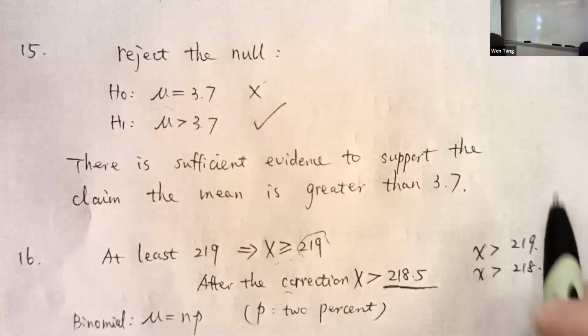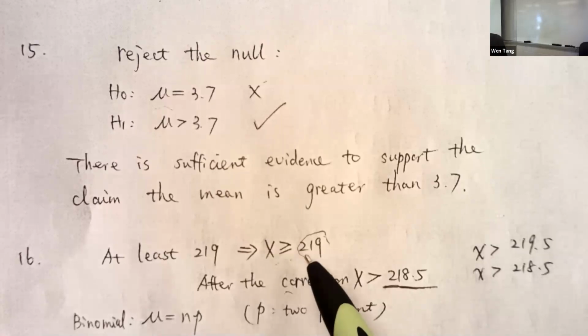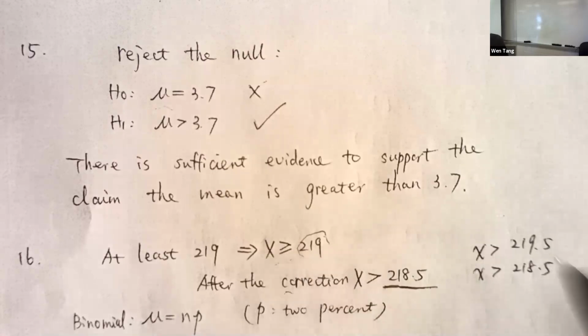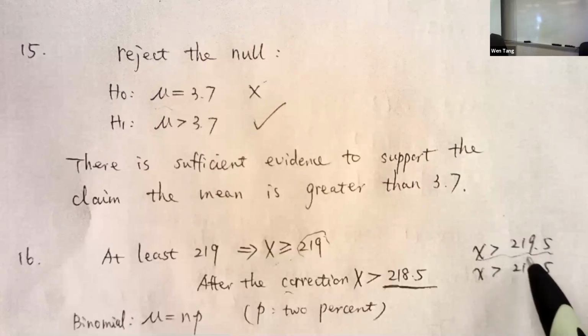But which one is the correct value? We just work on the single value 219. We know from the original range, x can be included, which means x is a possible value here. We have the equal sign, right? X can be exactly 219. If we pick this one, let's check. 219 is excluded in this range, right? It's greater than 219.5.